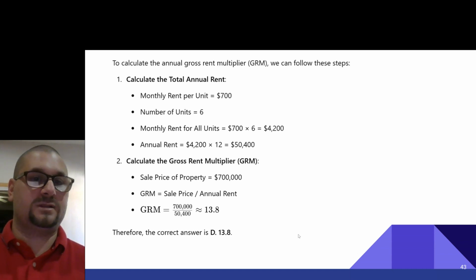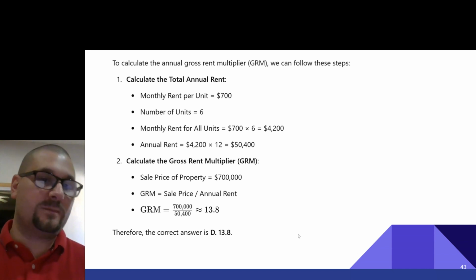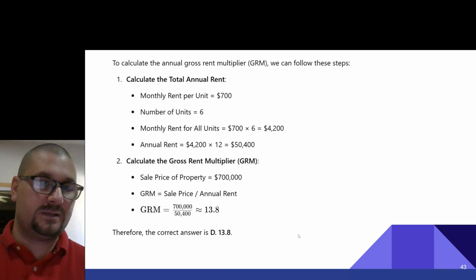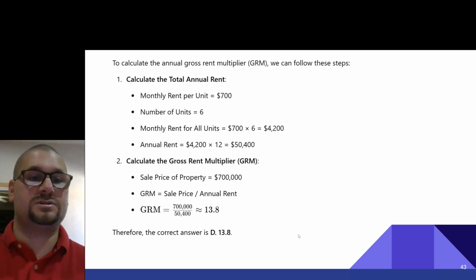So now you want to calculate the gross rent multiplier, the GRM. The gross rent multiplier is the sale price divided by the annual rent. So $700,000 divided by $50,000, because that's the annual rent, is 13.8.